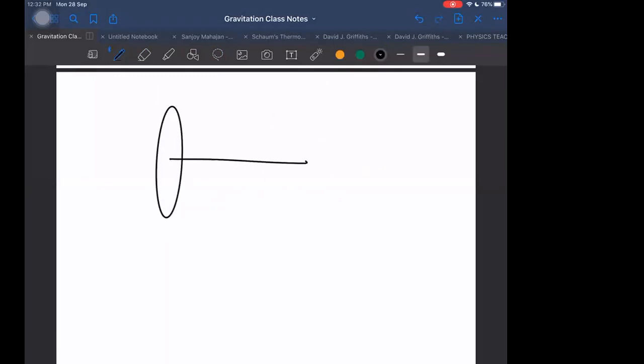Okay, for the ring element at a point P, which is at an oblique distance R, this radius is R, and mass, again let us take a dm element.